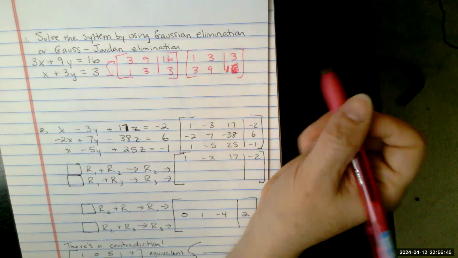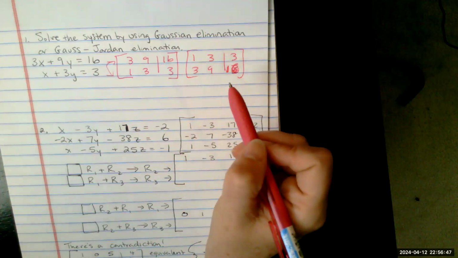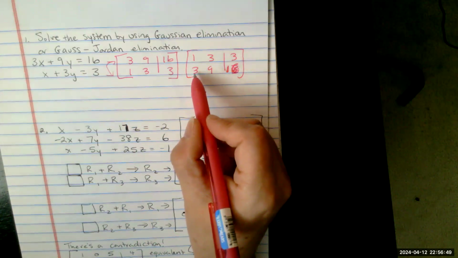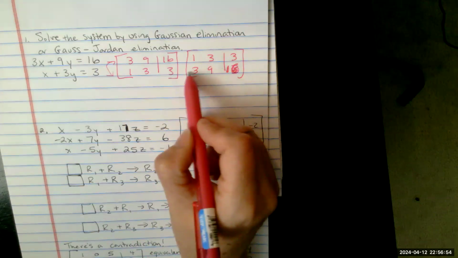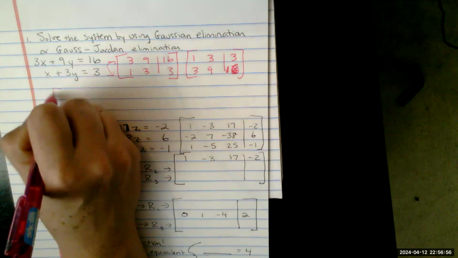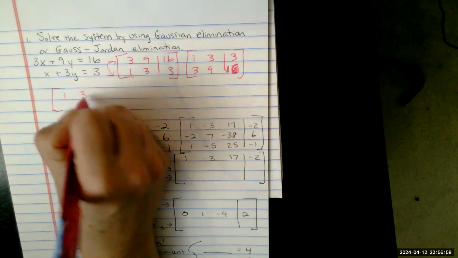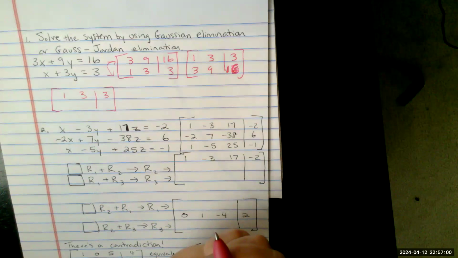This is fine. I definitely want this to be a 0. So I could easily multiply the top by negative 3 and add it to this to make that a 0. So that's what I'm going to do, which means I'm leaving the top as is because it's good to go.